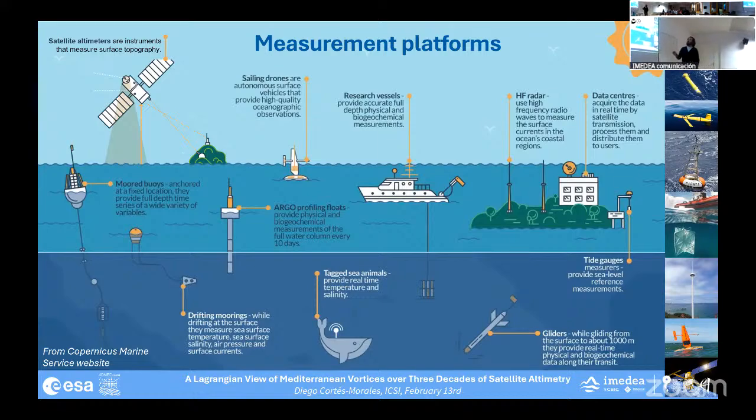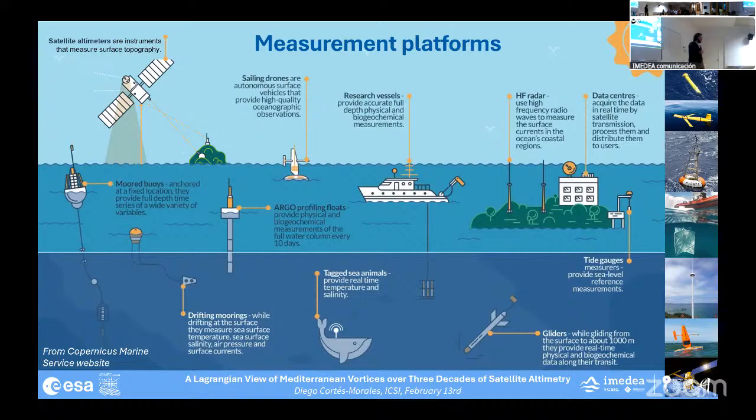Some of them are remote platforms like satellites or HF radars. But we also have in situ platforms like buoys that can be fixed to the ocean bed, or drifting moorings, gliders and sailing drones that have their own motion. And we also have research vessels.